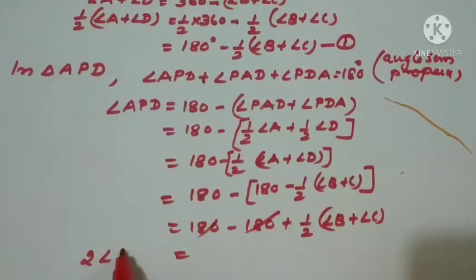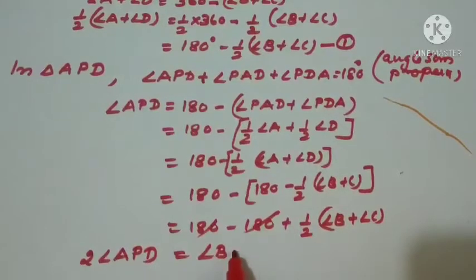So 2 into APD equals angle B plus angle C.